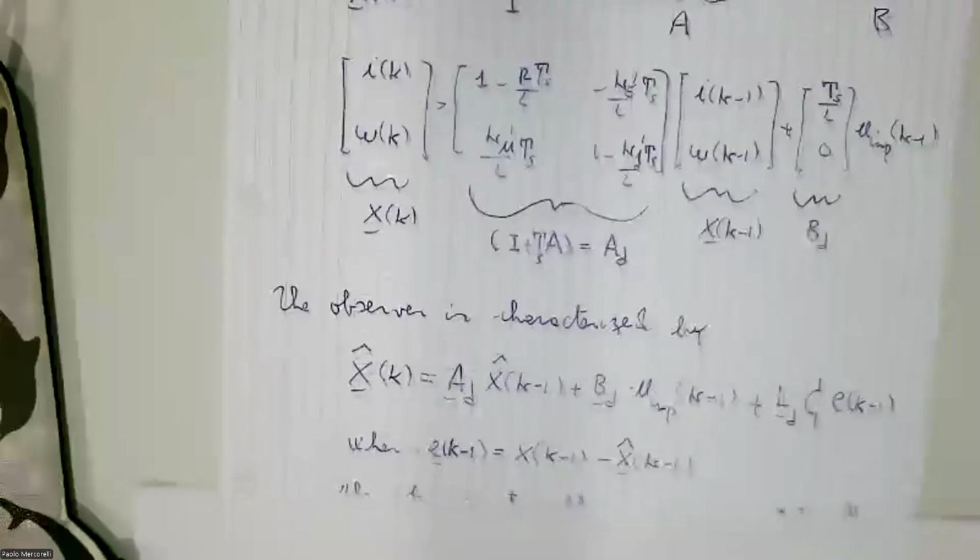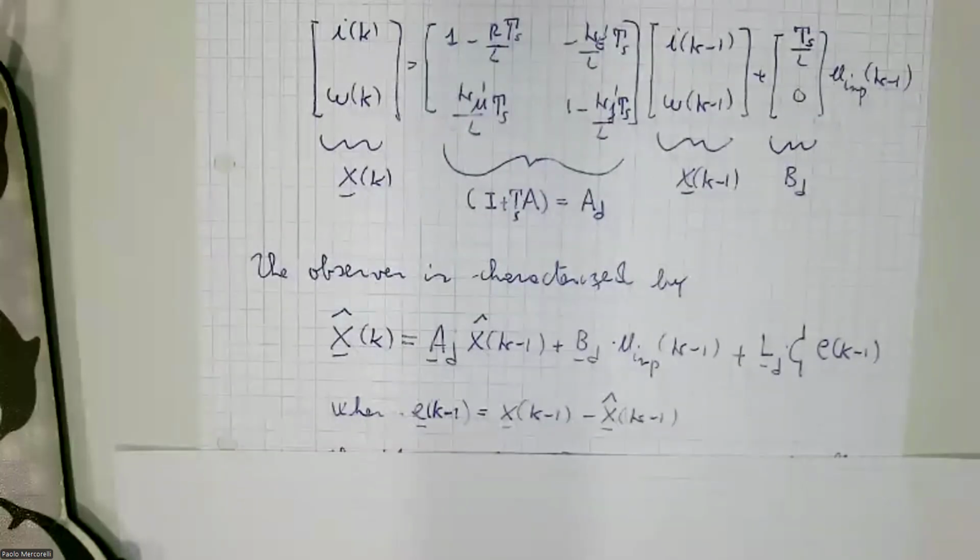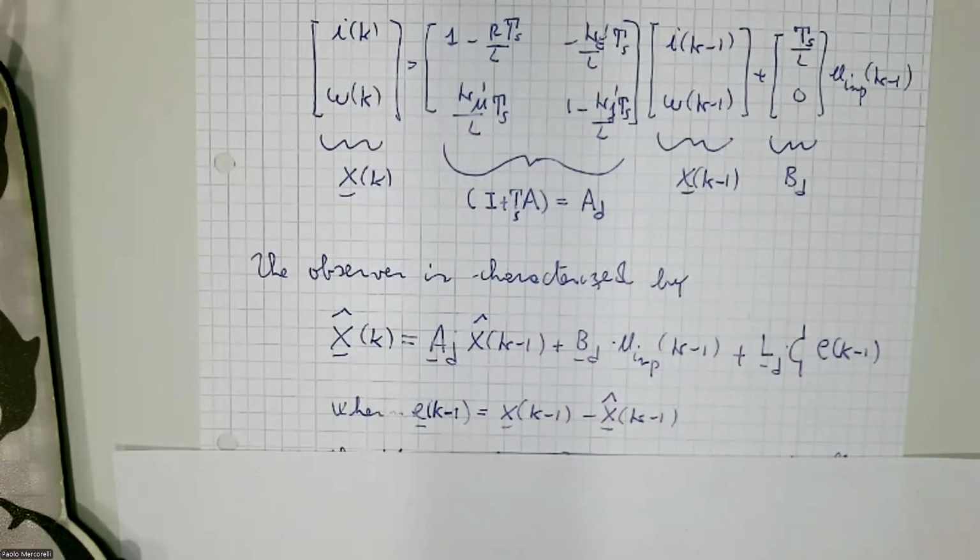Now, look at the definition of the observer. This, of course, is the fundamental observer, the basic form of the observer. The Kalman filter, for instance, and almost all advanced observers start from this form.